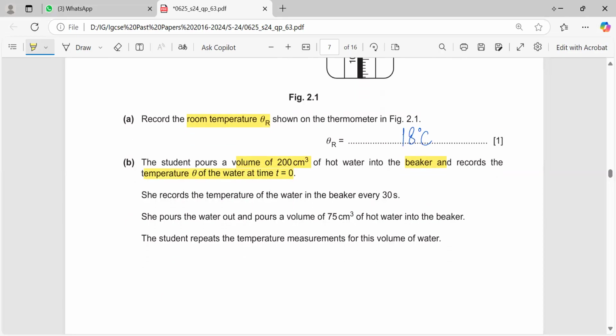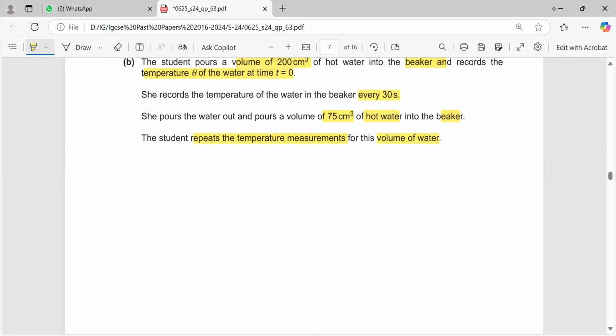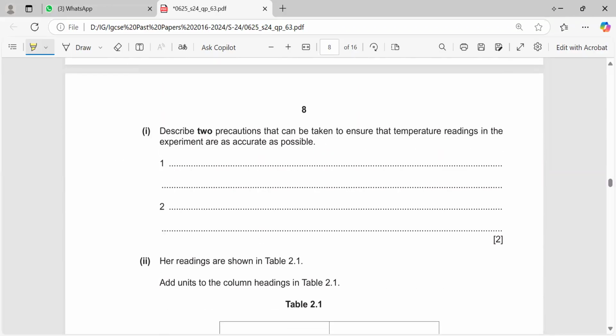So he records the temperature of the water in the beaker every 30 seconds. He pours the water out and pours 75 centimeter cube of hot water into the beaker again. The student repeats these temperature measurements for this volume of water. Now, state 2 precautions that can be taken to ensure temperature readings in the experiment are as accurate as possible.